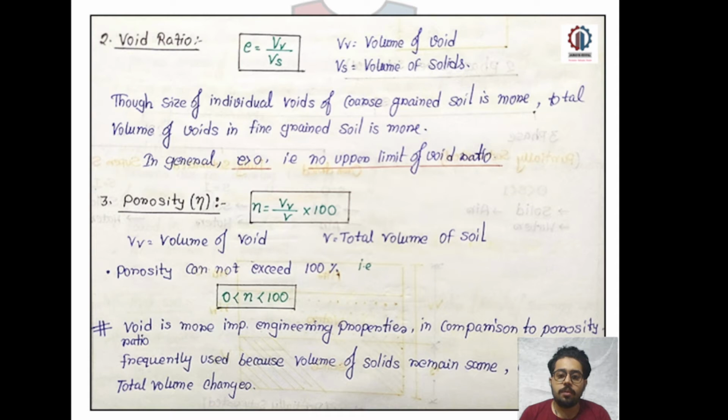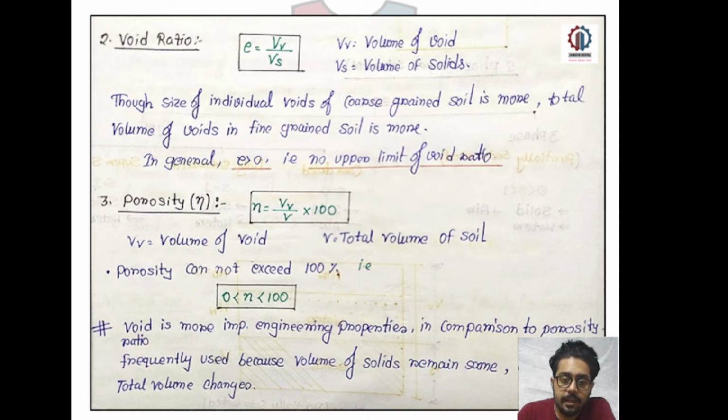The distance between two coarse grain particles, between two gravels, is more than in fine grain soil, but the total amount of void is more in case of fine grain soil, because the number of particles is more. So from that relation we can conclude that the volume of void is more for fine grain soil. It is a very important point for your GATE exam purpose.